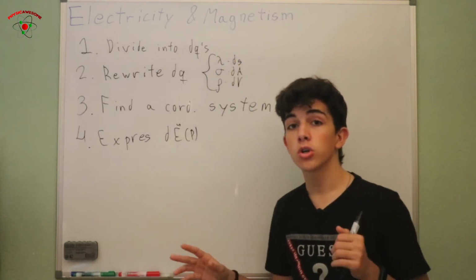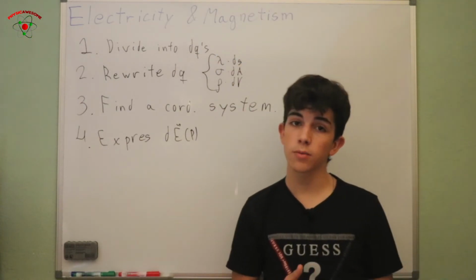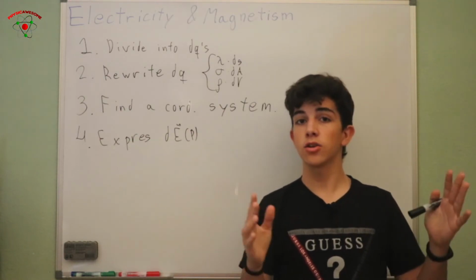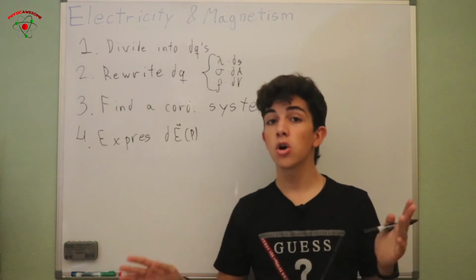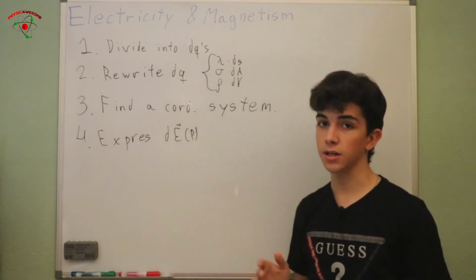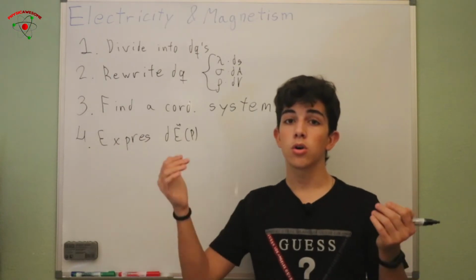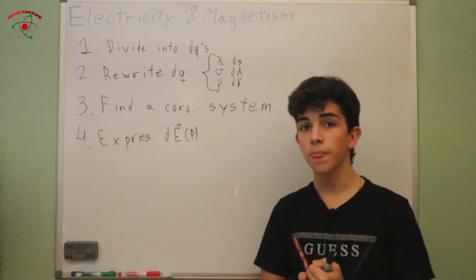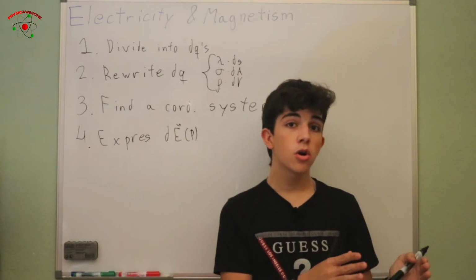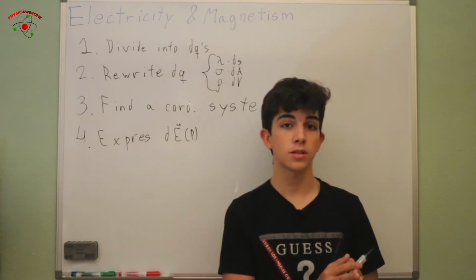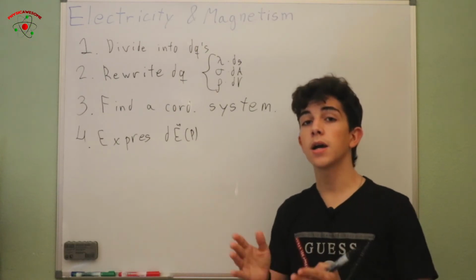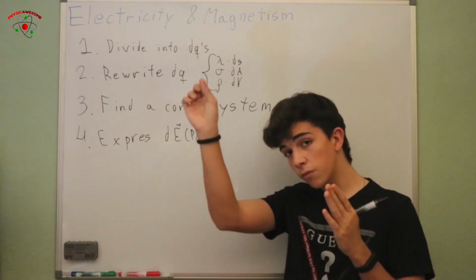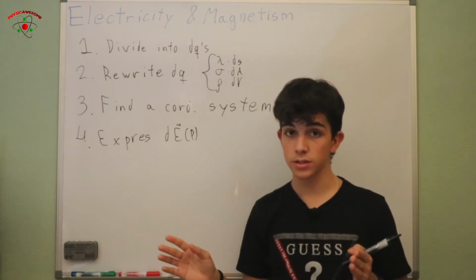And also you need to write all the other variables in your system as constants or variables that you can't integrate. For example, in the last segment we needed to define the r cubed in terms of the position of the point P, where we were asking the electric field, and the position of each of the little charge elements.